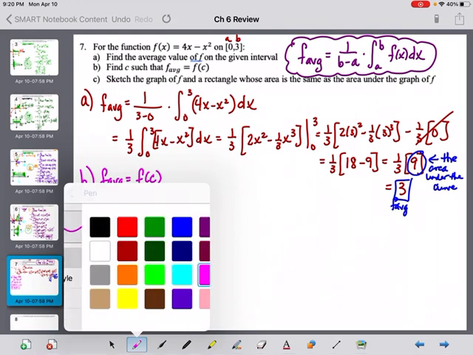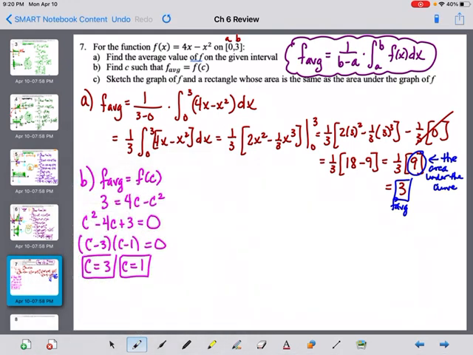All right, so now the last part here is to make my graph. So for part C, I'm going to graph my function. And you can certainly use a graphing calculator to assist you with this part of the process.